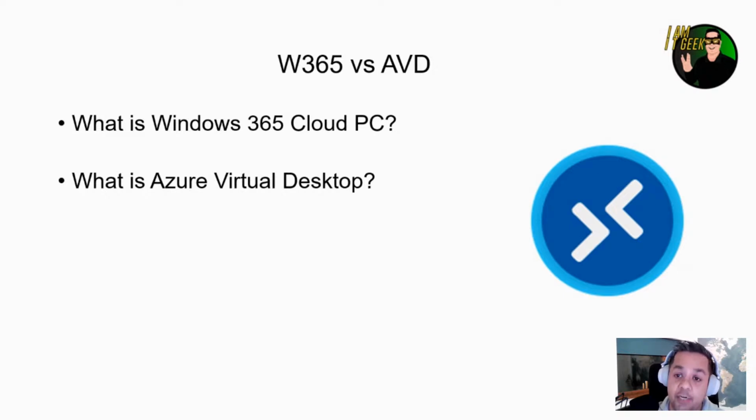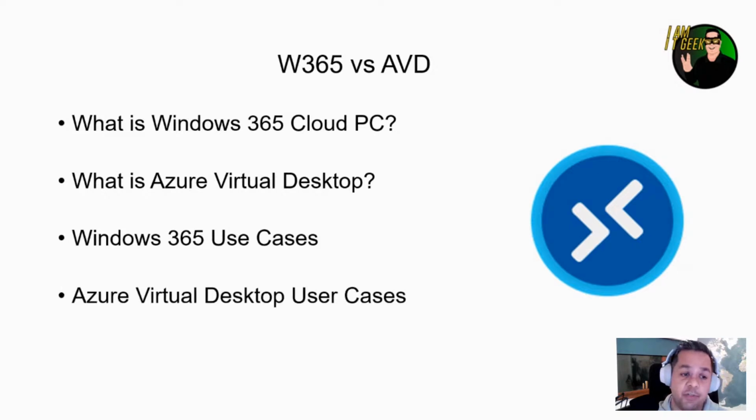Then hopefully we can go into some use cases for Windows 365, and then some for Azure Virtual Desktop. These are based on conversations I've had with clients, real life conversations, rather than what you can read off the internet, because a lot of use cases don't come out until you start having these conversations with people, organizations and businesses that have a problem.